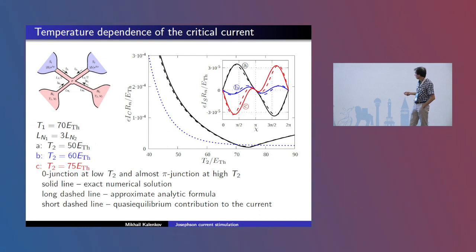Here, you show that in this partially symmetric junction, the non-equilibrium effect can be observed if the temperature is about 50 Thouless energies. So it should be quite long.